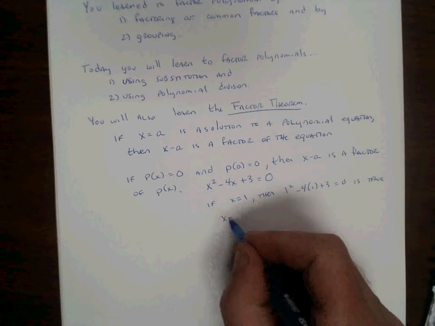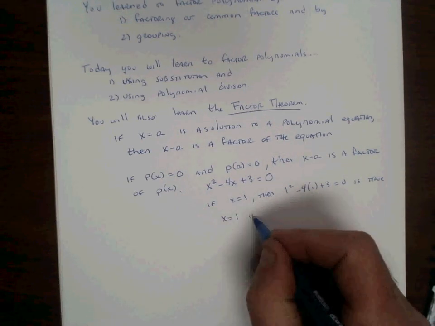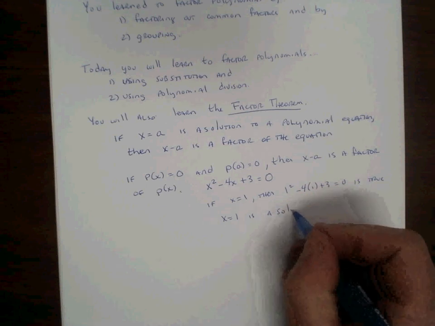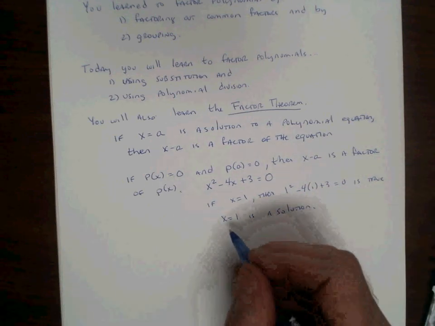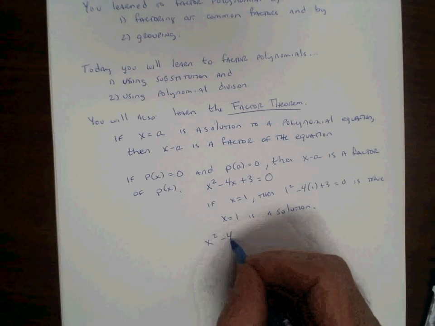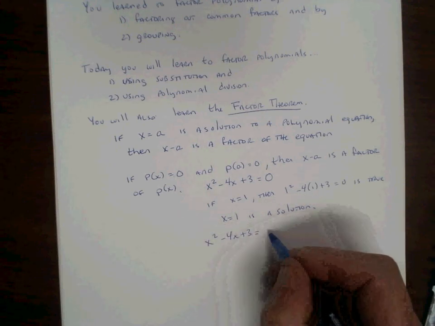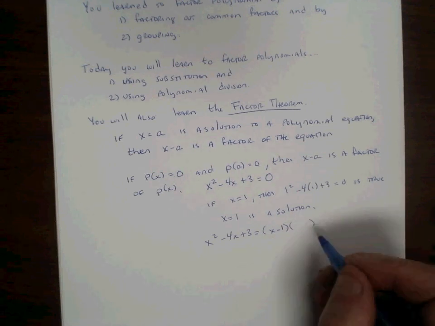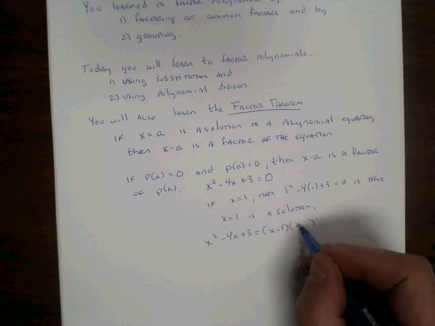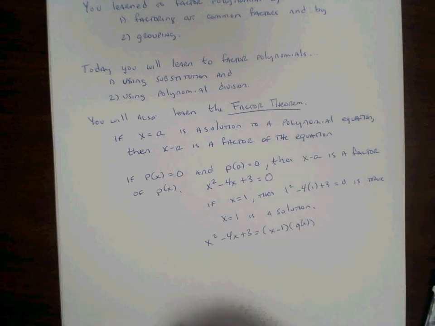And x equals 1 is a solution to the equation. This means that x squared minus 4x plus 3 equals x minus 1 times some other factor. We're going to call that factor q of x.